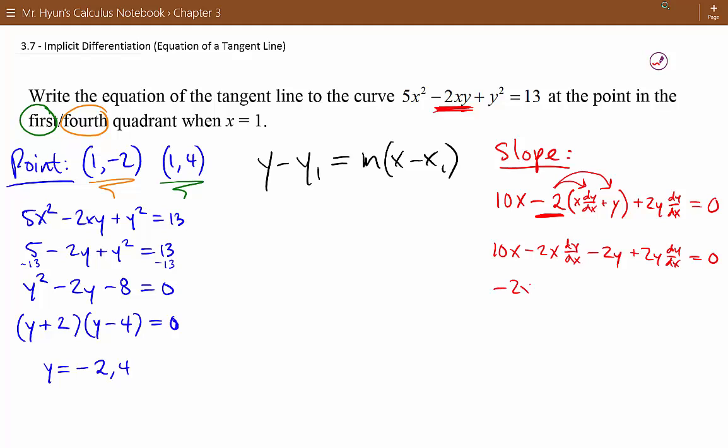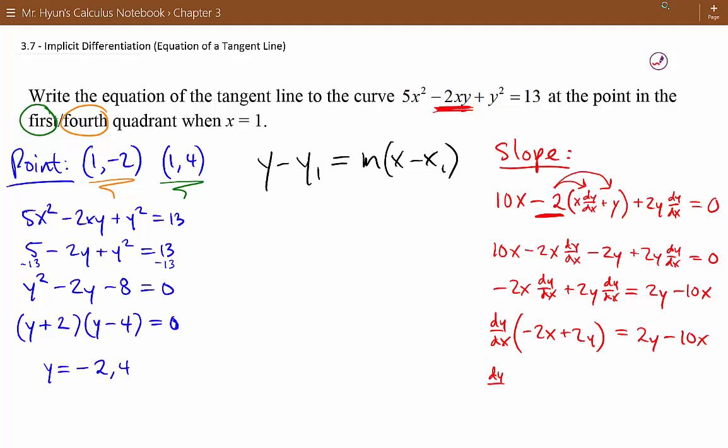Let's keep the negative 2x dy dx and the plus 2y dy dx on the left. Let's move the negative 2y over to become a positive 2y, and move the 10x over by making it a negative 10x. Now, in order to solve for dy dx, let's factor that out, leaving a negative 2x plus 2y equaling the same thing on the right.